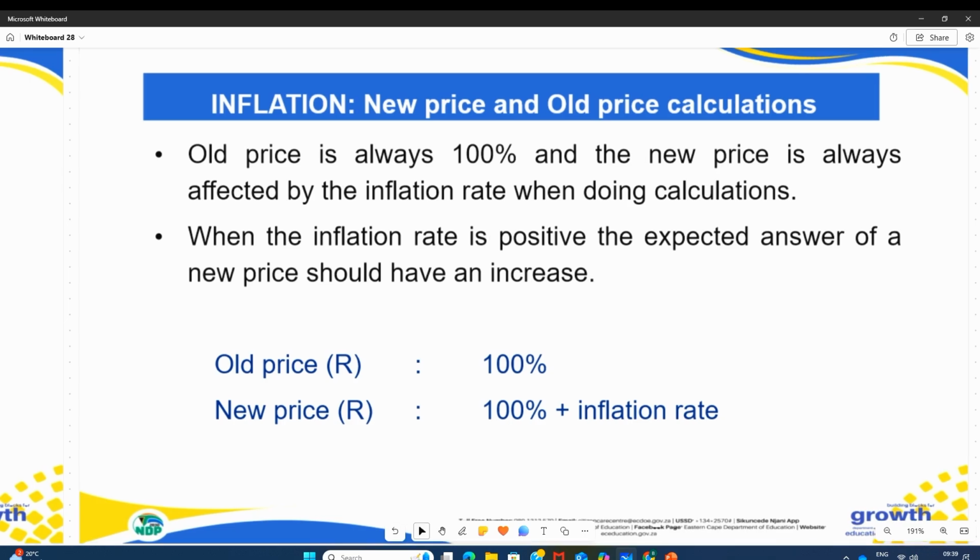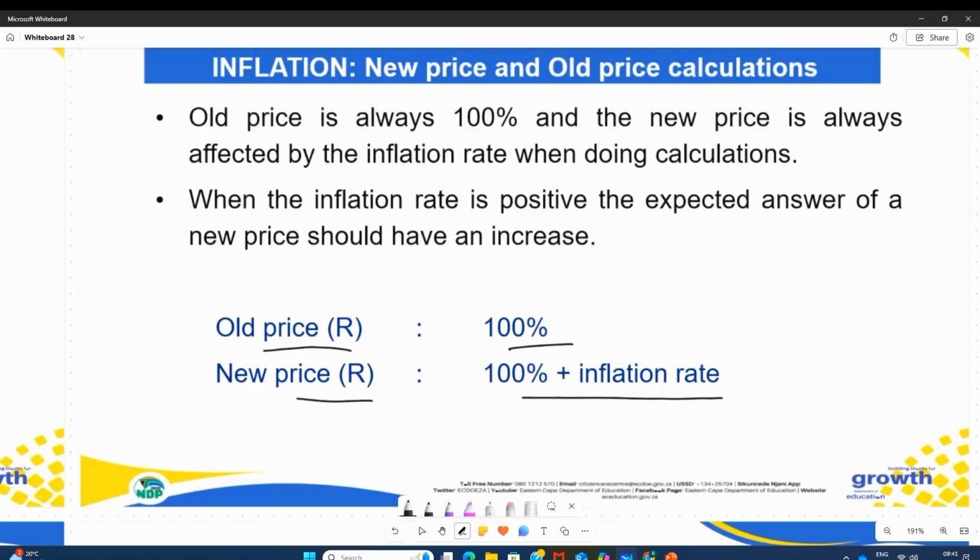Now, I also mentioned that the diagnostic report is picking up that learners are struggling with the reverse calculations, because in most cases, when you find questions relating to inflation, they will want a learner to calculate the old price, maybe. There are different methods that we use to do the calculations. Either use the method of writing as a rate before doing the actual calculation.